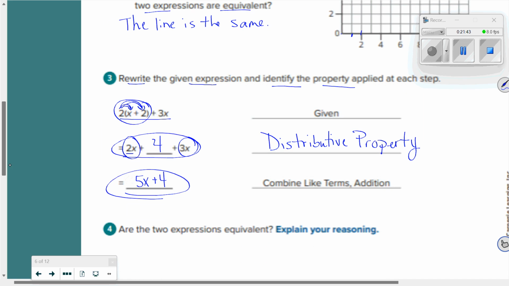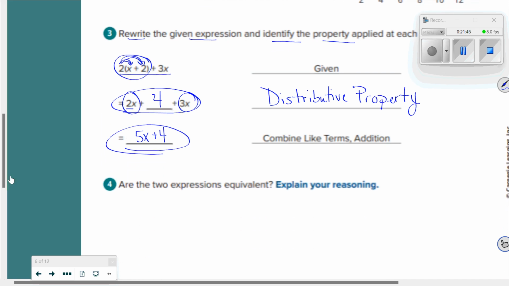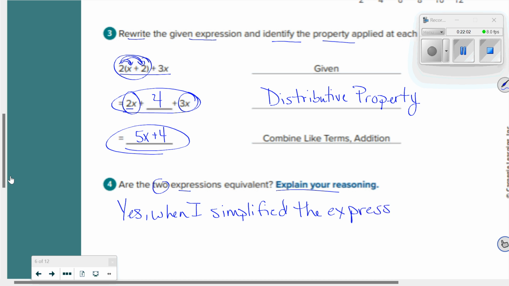So when I simplified, are the 2 expressions equivalent? Explain your reasoning. Yes. When I simplified the expression, they are the same.